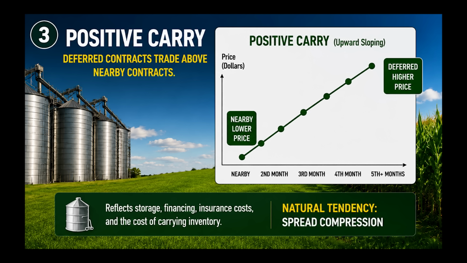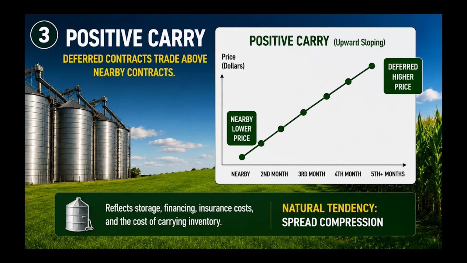Many agriculture and financial futures markets spend much of their time in this type of environment. For spread traders, positive carry often creates a natural tendency towards spread compression as the premium in deferred contracts gradually erodes.